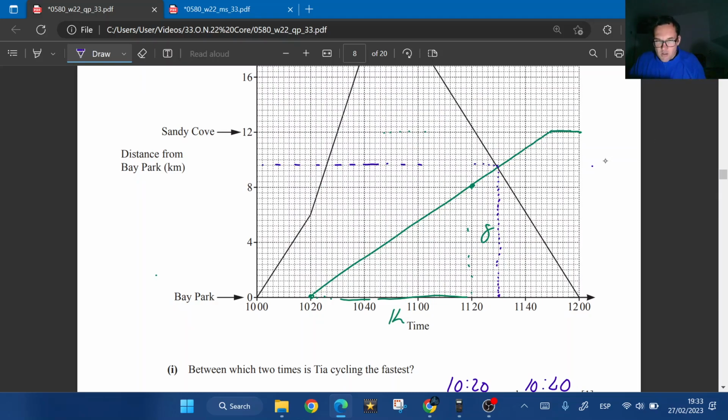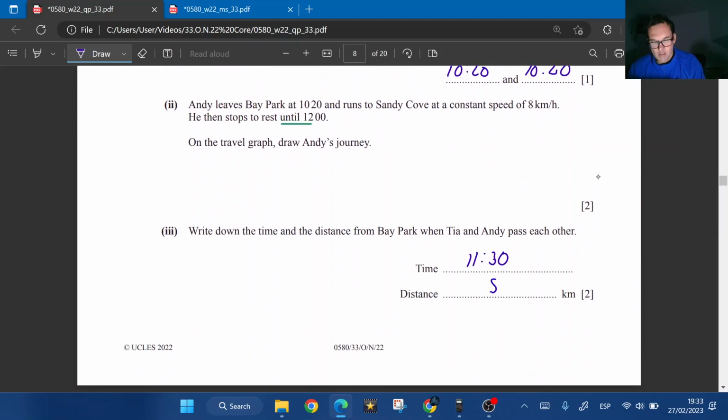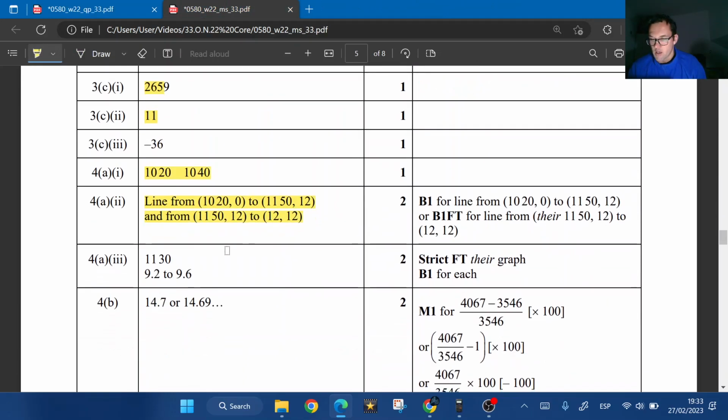That was a bit harder. It's a bit less than 10 kilometers. So wait, 1, 2, 3, 4, 5, 6, 7, 8, 9, 10 squares. So each square must be 0.2. So this is 8.2, 8.4, 8.6. I would say about 8.8 kilometers is my estimate. Let's see if I will get my marks.